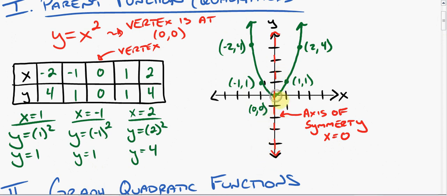It gets to a lowest point, and the lowest point here occurs right here. So since we have a lowest point, we're going to have a minimum value, which will be at our vertex. So our vertex will always be the minimum value, or if the parabola opens down, which we'll see next, the vertex will be a maximum value.